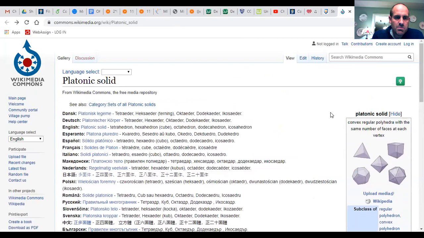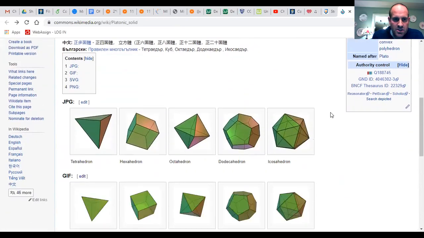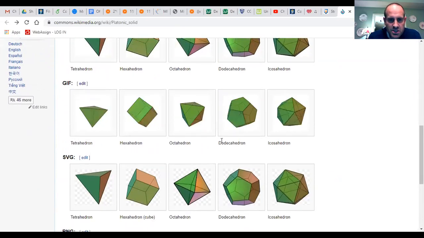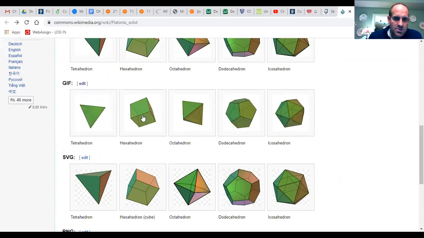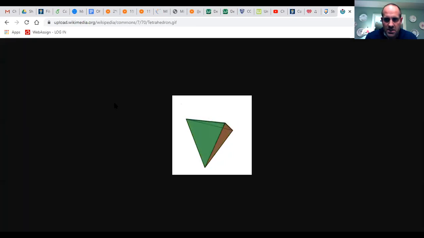There's a little wiki here that has a lot of clip art and even some rotating GIFs that are pretty interesting. So here's the tetrahedron. I think you can click through these if you wanted to. I think maybe I can even zoom in on these. Okay, get out. How do I get out of this?